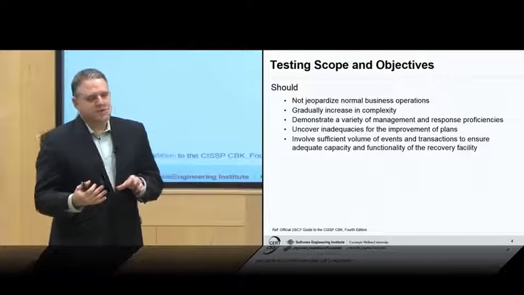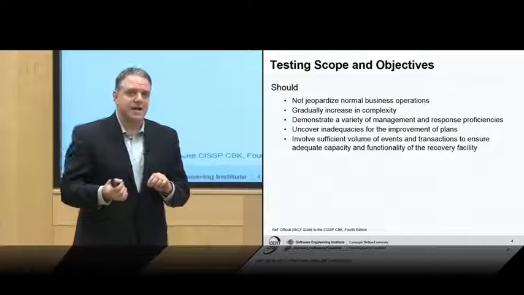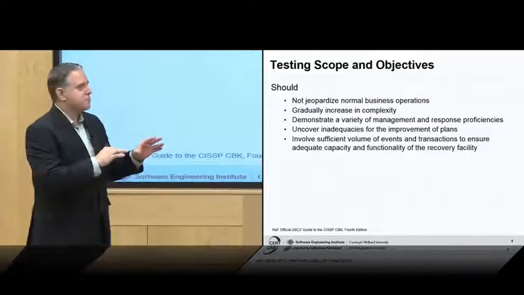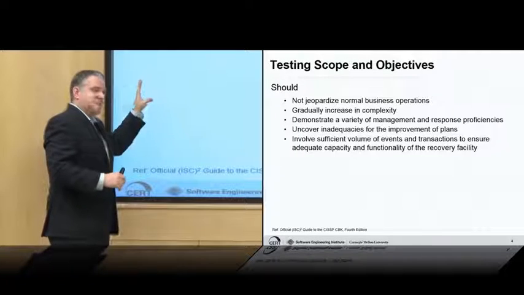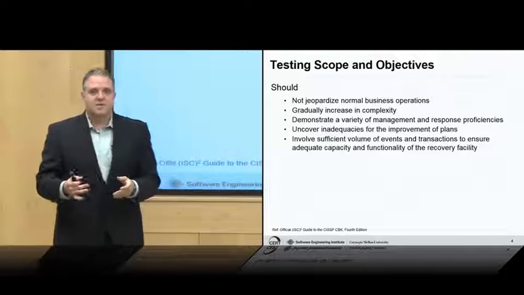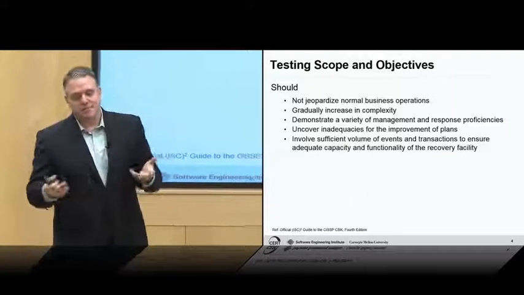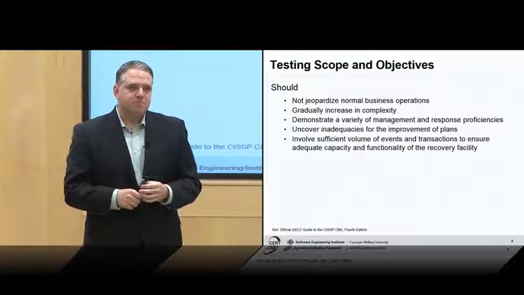So for scope and objectives, this is the point where a lot of organizations get into trouble because they don't scope things properly. They don't understand or they don't set effective goals for the exercise, and therefore come out with mismatched expectations about what they want to get out of it.